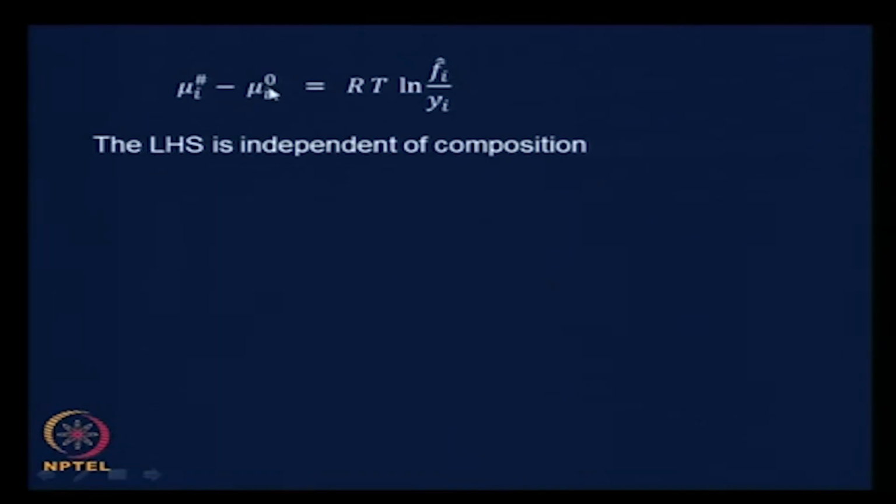Mu I naught is a function of temperature alone, and the left hand side therefore is definitely independent of composition. So, that is clear here, and therefore, the right hand side must also be independent of composition. Let us look at that point alone. It has to be independent of composition.